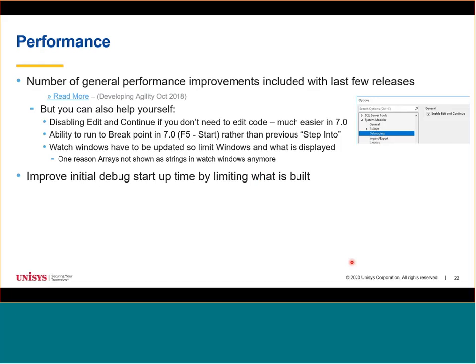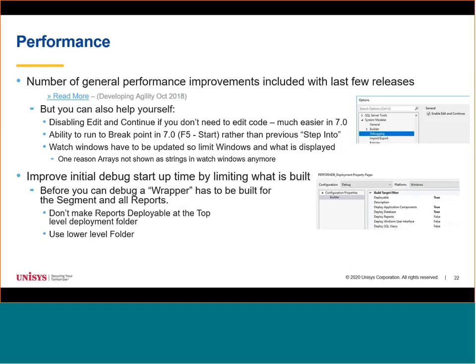The other thing you can do is you can improve the initial debug startup time. Now, when you start Debugger for the very first time, I've already mentioned this, it generates a bunch of wrappers, and those wrappers take time to be built. So one of the things I would always advise you to do is don't make the reports deployable at the top level, at the segment level.